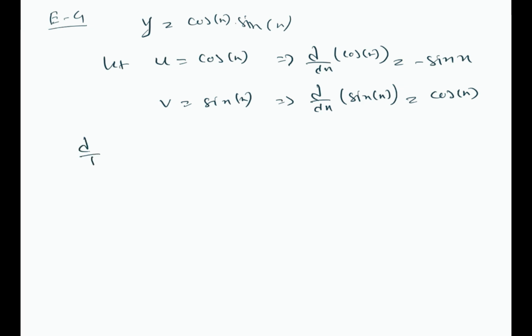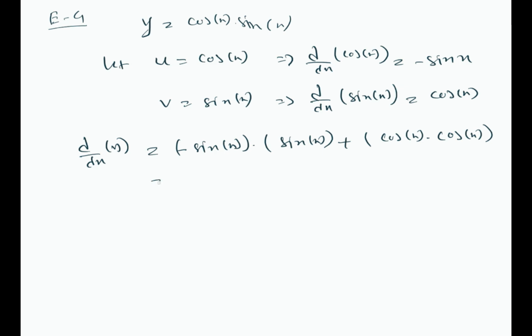I can write d dx of y is equal to, first u prime, right? So minus sine of x times then b. What is b? This is sine of x, right? And then plus our u. What is u? u is cos of x times then b prime. So what is b prime? b prime is cos of x. So we can simplify it.